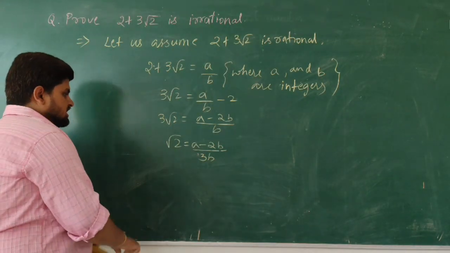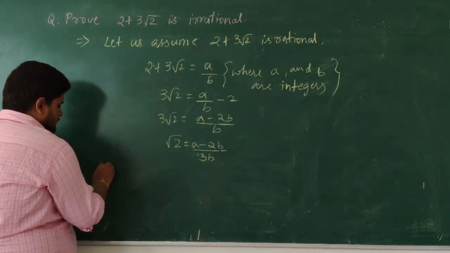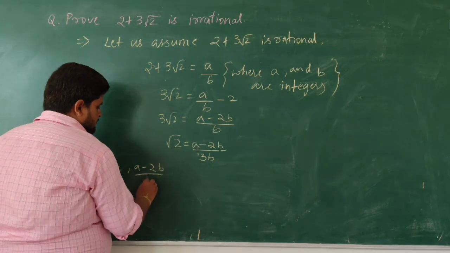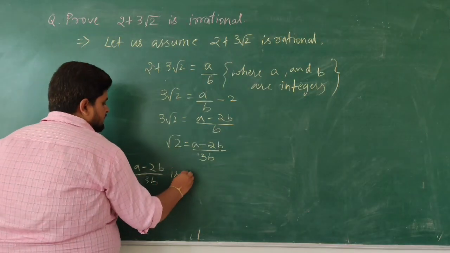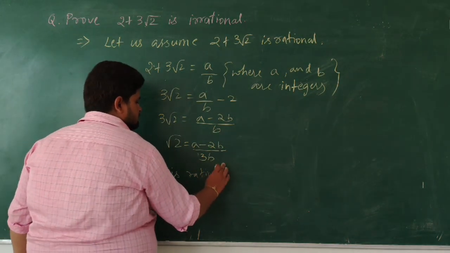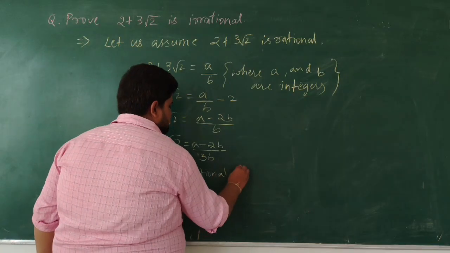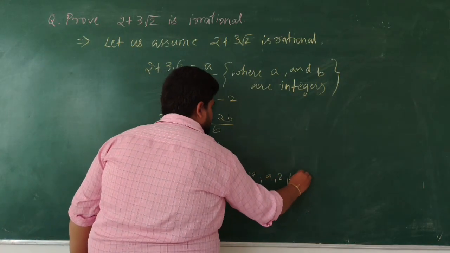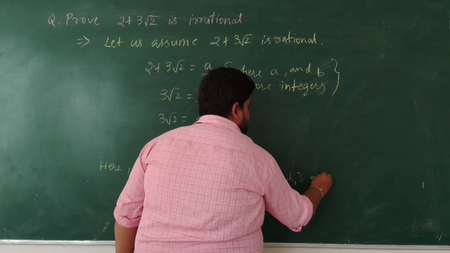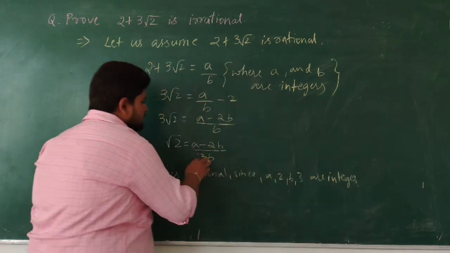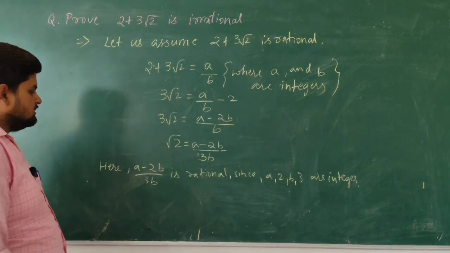So let us write those statements. Here a minus 2b by 3b is rational. Why is it rational? Since a, 2, b and 3 are integers, a minus 2b by 3b is a rational number.